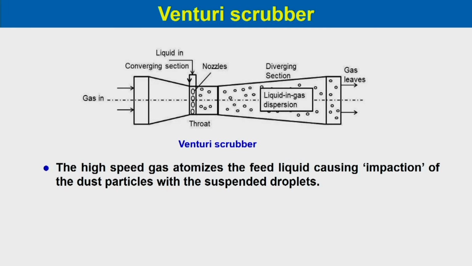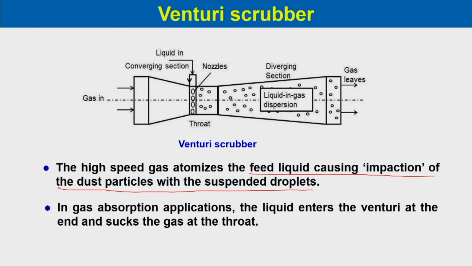The high speed gas atomizes the feed liquid, causing the impaction of the dust particles with the suspended droplets. In gas absorption applications, it is a little bit different: the liquid enters the venturi at the end and sucks the gas at the throat.